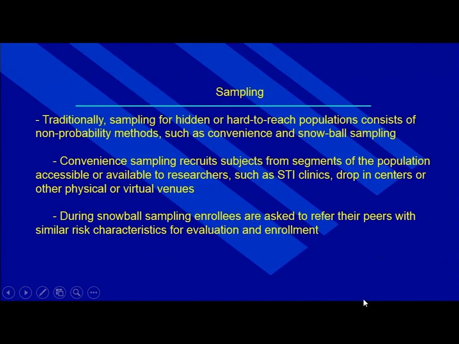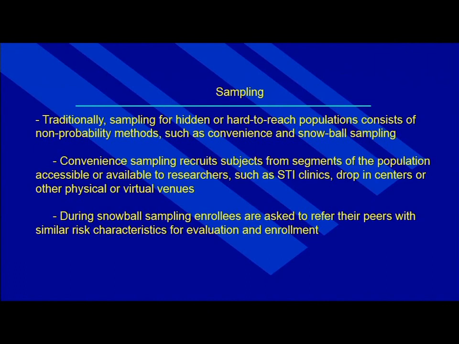So traditionally, sampling for hidden and hard to reach populations consists of non-probability methods such as convenience and snowball sampling. Convenience sampling recruits people from segments of the population that are accessible or available. Where can we find people for HIV research? We find them in STI clinics, in drop-in centers or other physical and, more recently, also virtual venues.